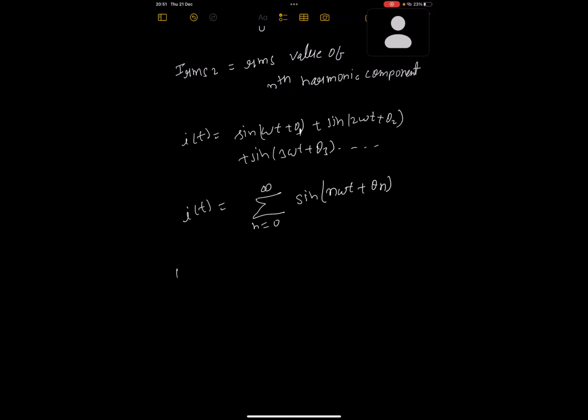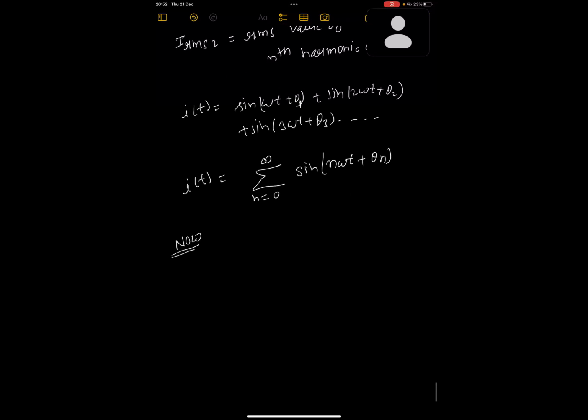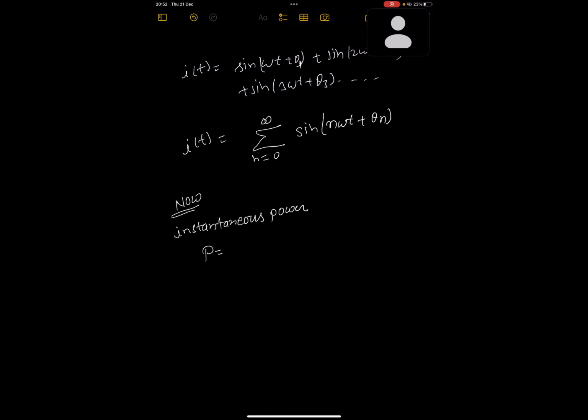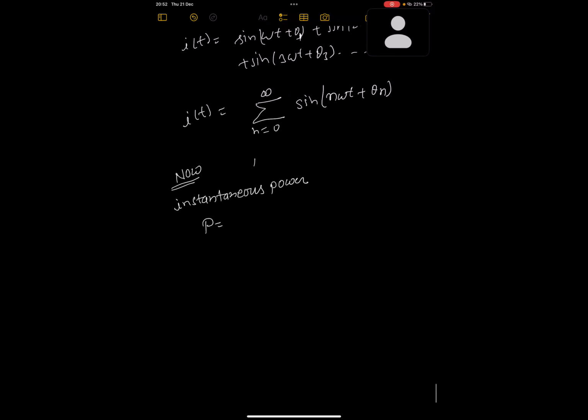Now we have to calculate the instantaneous power. You know, always the time period here you are assuming, because of sine, the time period T is 2 pi.